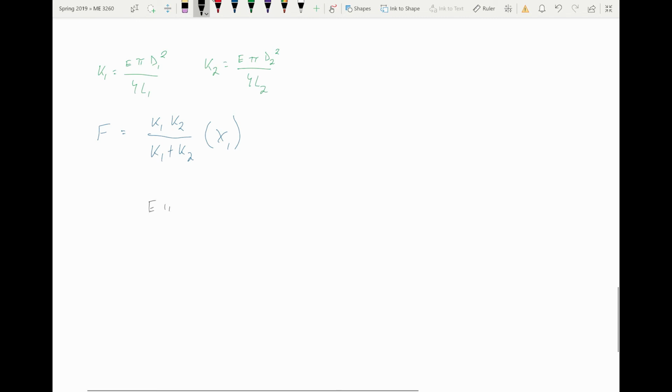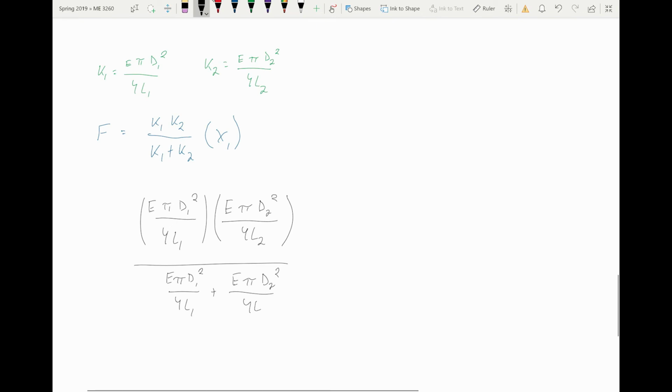So we have Young's modulus times pi times d1 squared over 4L1, multiplied by Young's modulus times pi d2 squared over 4L2, all of this divided by E pi d1 squared over 4L1 plus E pi d2 squared over 4L2.